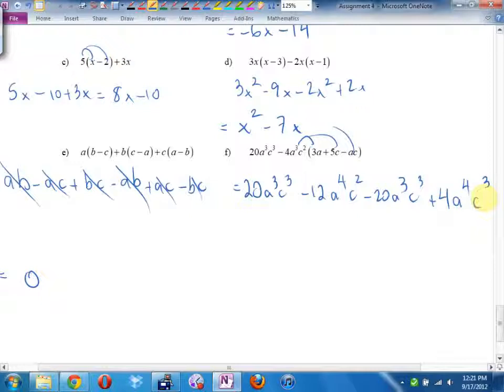Can I gather like terms here anywhere? Hey, those guys actually cancel? So I end up with a negative 12a to the 4th c squared and a positive 4a to the 4th c cubed. And tempted though I am, those are not like terms because one's a squared and one's a cubed. Is that right? Am I right? Yep. Okay.